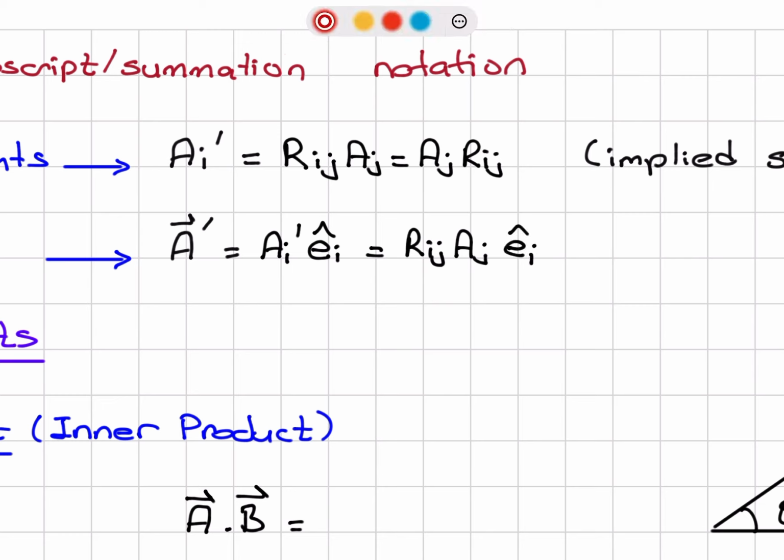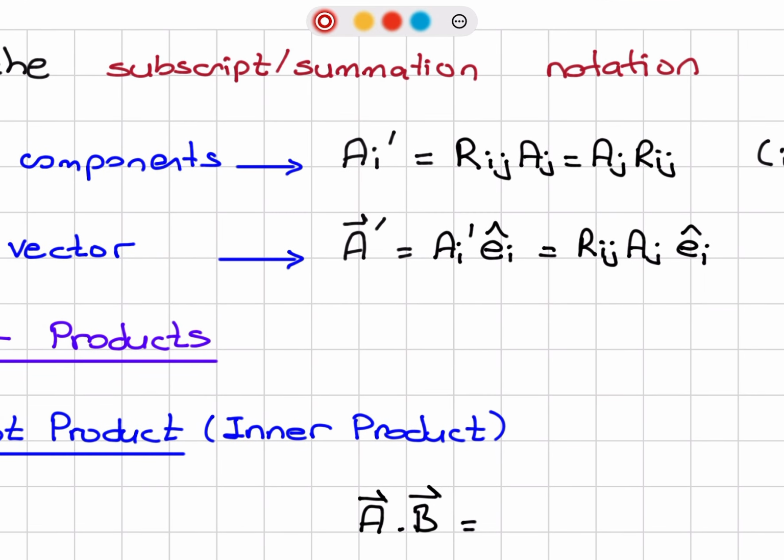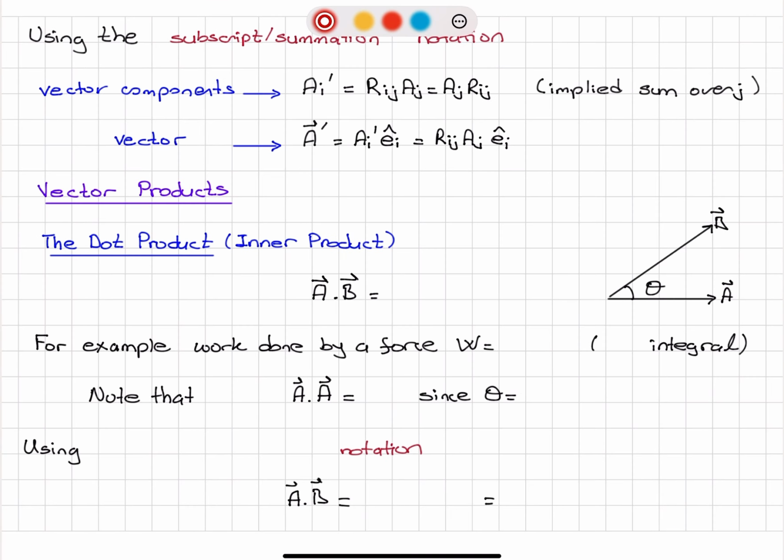So you can see that I have to sum over the j values here in order to obtain the ith component of the A prime, and then I have to sum over the i values here to write the total matrix. So this is how I represent this result using the subscript summation notation.